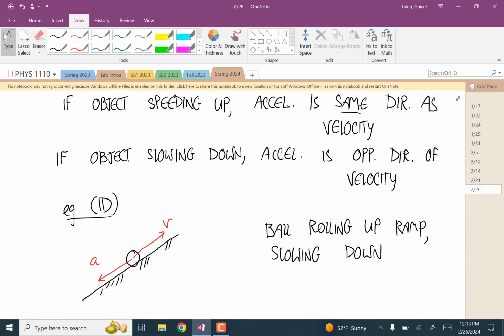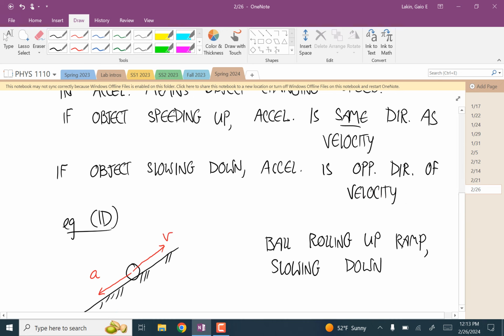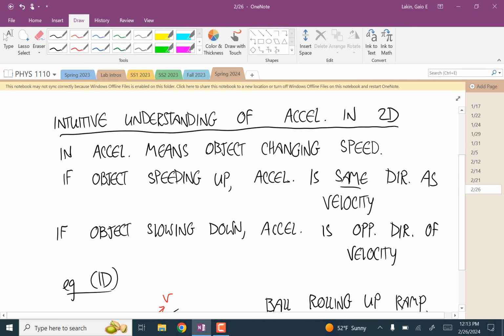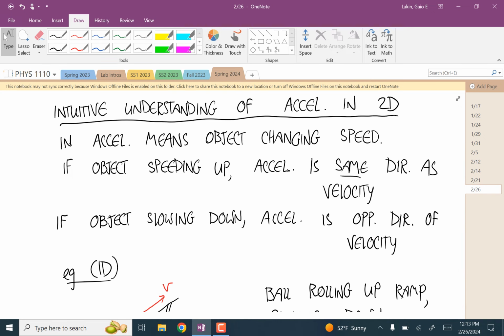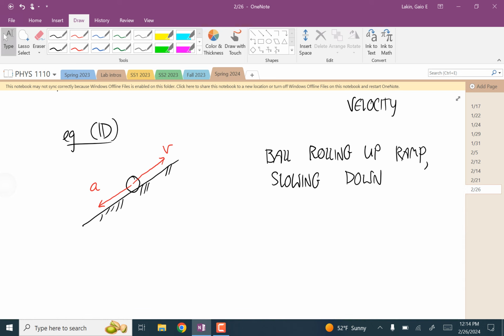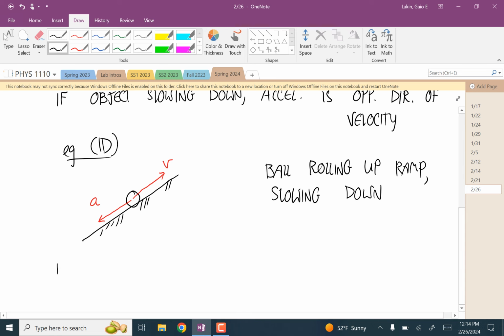Anyone remember what the new thing is that acceleration can do in 2D that it can't do in 1D? Yeah. Turn. Exactly. So when we go to 2D, acceleration can do two things.